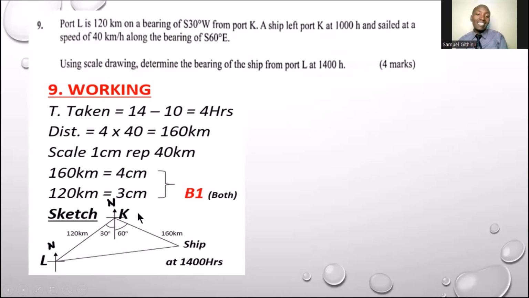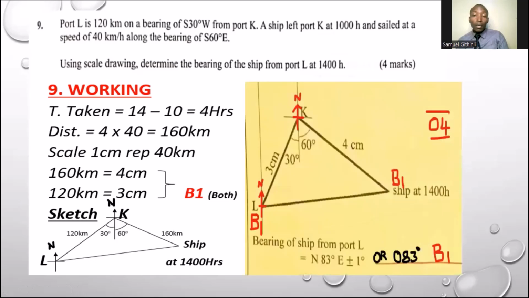So it was 160 kilometers away from K. Now the most appropriate scale is 1 centimeter to represent 40 km, and that means the 160 km will be 4 centimeters because you just need to divide by 40. Then you have 120 divided by 40, you get 3 centimeters. So as you go ahead to draw, you have the very appropriate scale there. With that, the student has a bonus 1 mark.